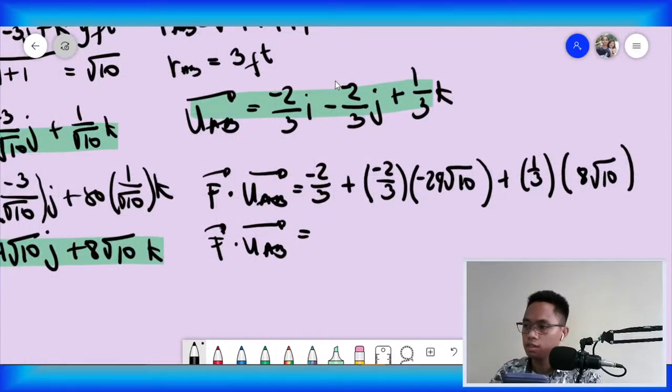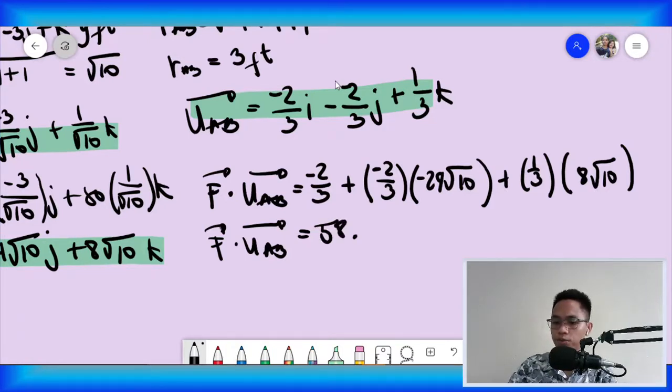So, plus 2 over 3 times 24 square root of 10, then plus 1 over 3 times 8 square root of 10. So, the dot product is equal to 58.362. And the unit is the unit of force, which is pounds.